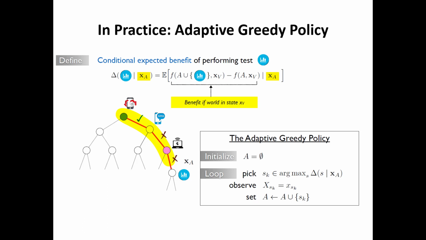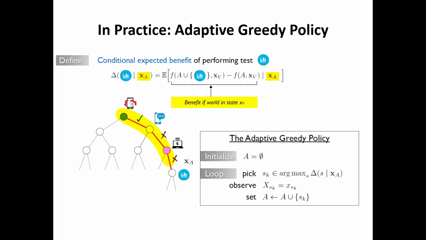So we can use this objective in order to measure the conditional expected benefit for performing a new test, which means in expectation how much benefit we can achieve if we perform a new test. This is computed for every new test. Then using these conditional expected benefits for the available new tests, we design the adaptive greedy algorithm.